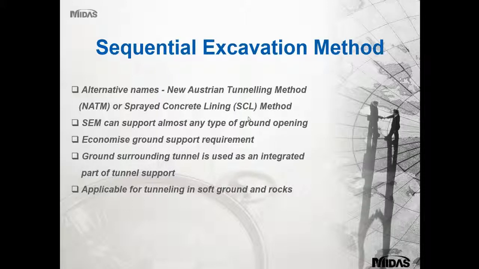The SEM, either by NATM or SCL, can be used for practically any type of ground profile, and hence it can support any type of tunnel sections, be it circular, horseshoe, ellipsoid, or any other irregular shape.